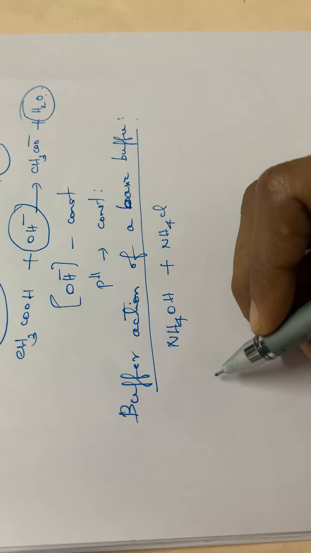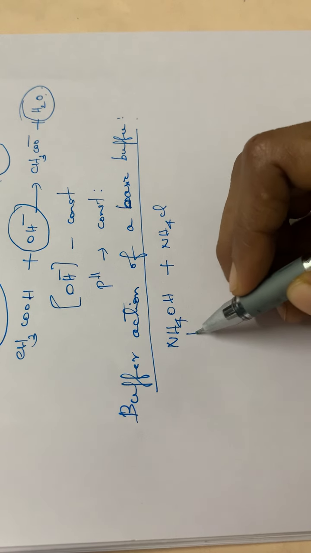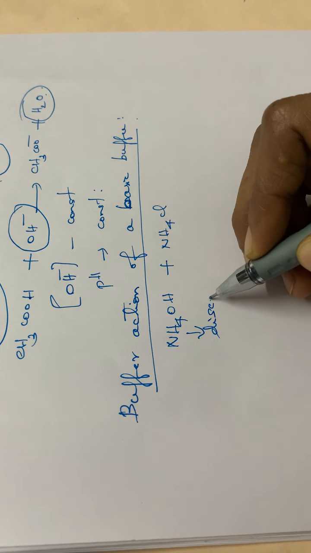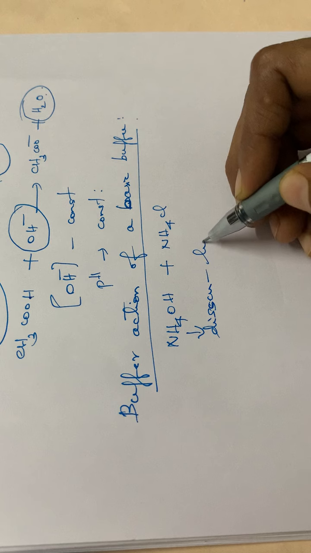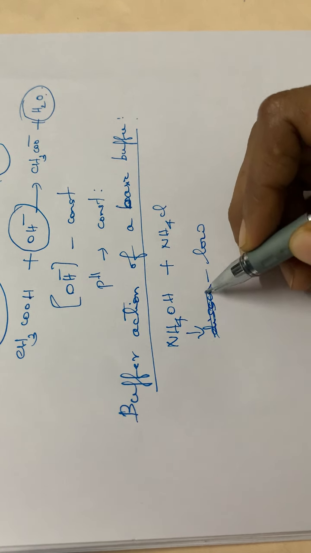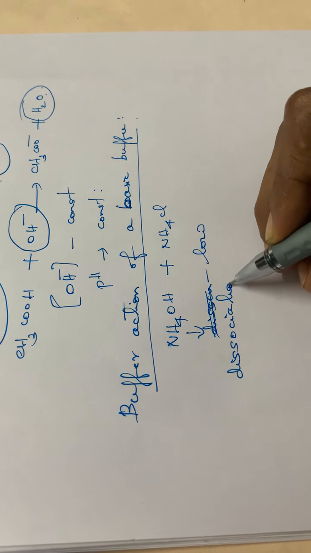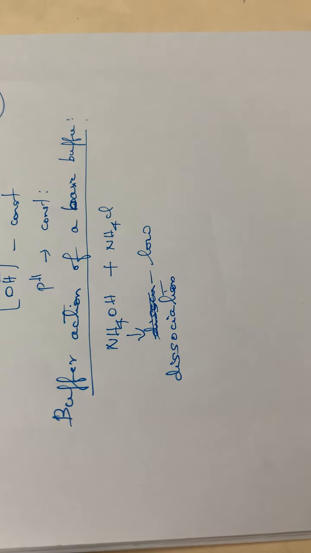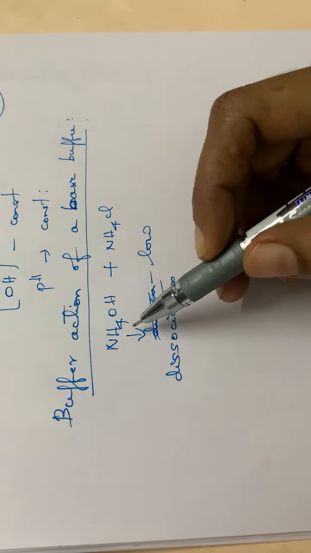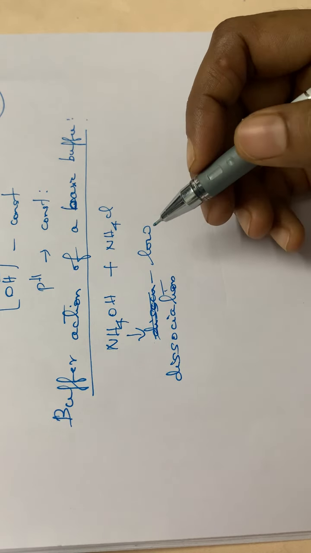So again the dissociation of ammonium hydroxide will be very low, isn't it? Dissociation will be very low, not discussion, it is dissociation, sorry. The dissociation is very low, and this ammonium hydroxide almost remains undissociated.